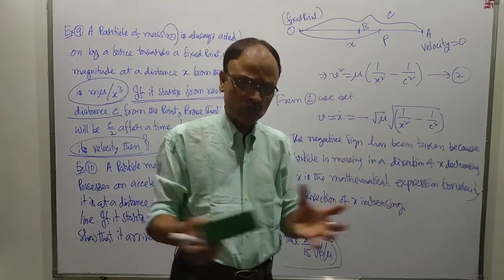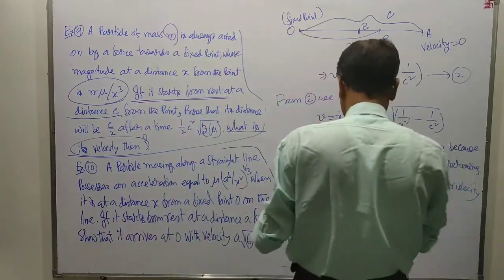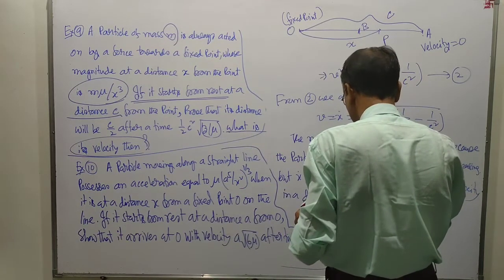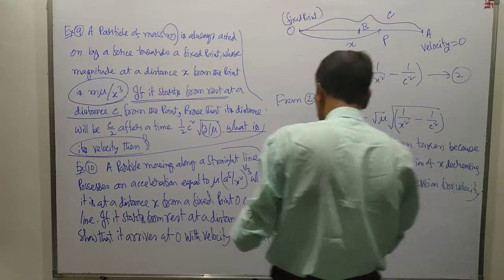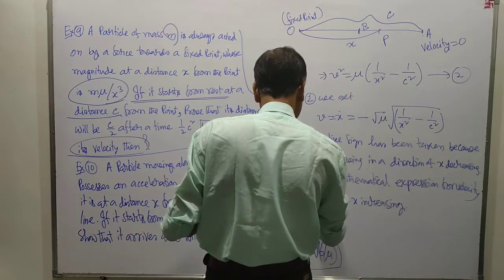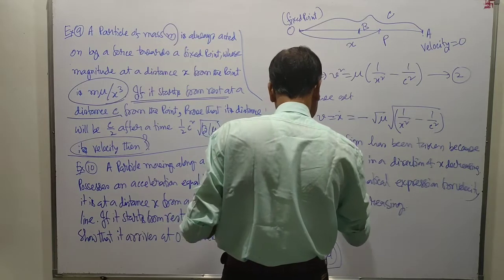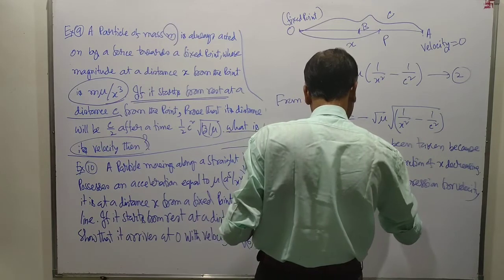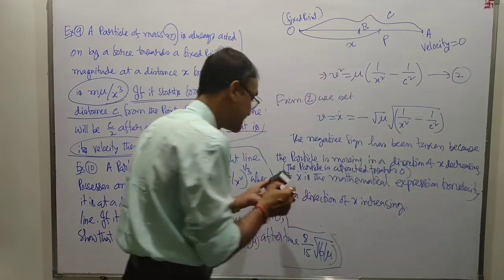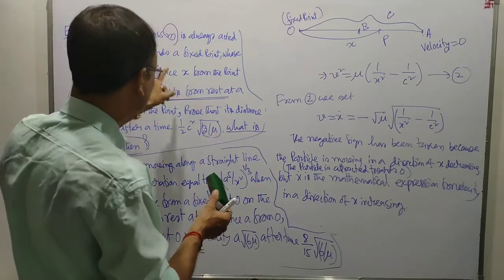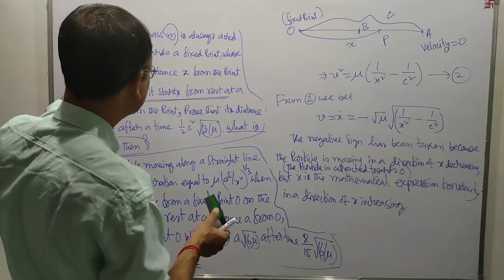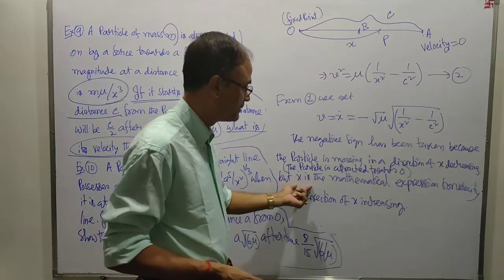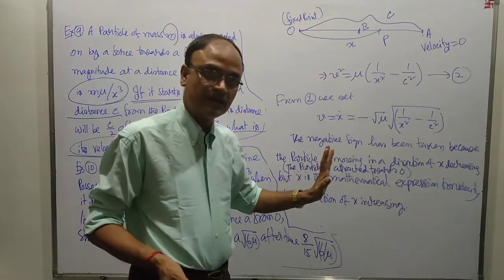It is attracted towards O. The particle is attracted towards O. After down, it is attracted towards O. X dot is the mathematical expression.